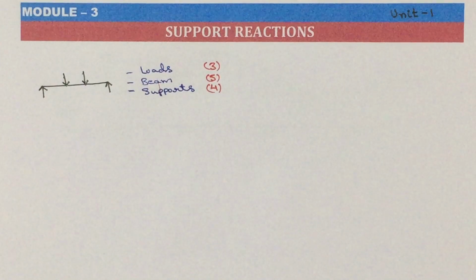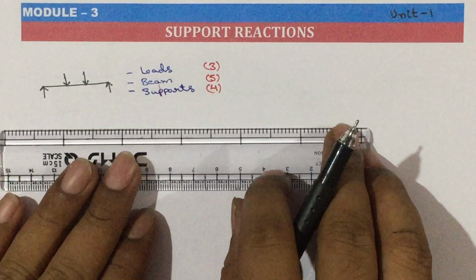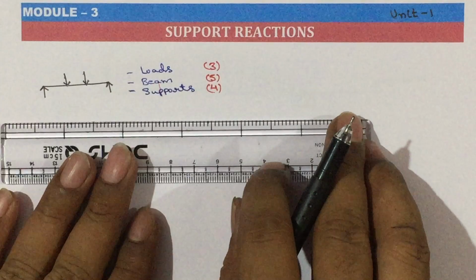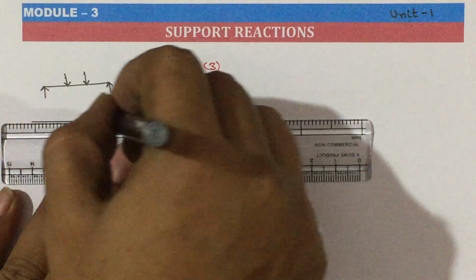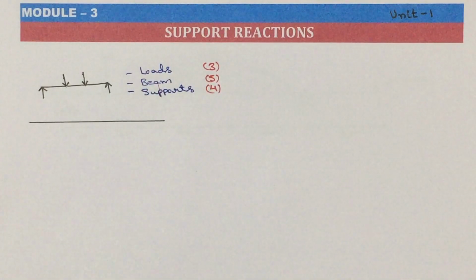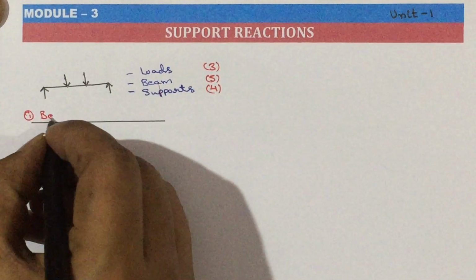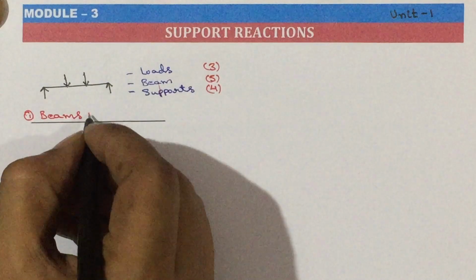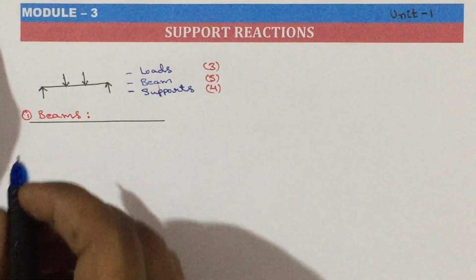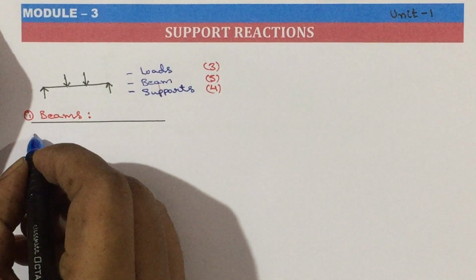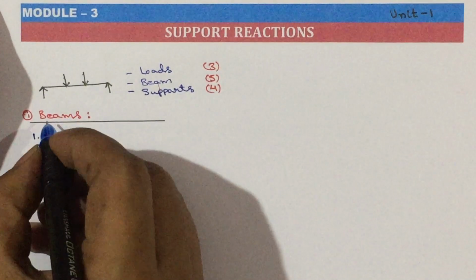Now let us look into that one by one. First, let us go to the beams. Here we have 5 types of beams. The first one is simply supported beam.